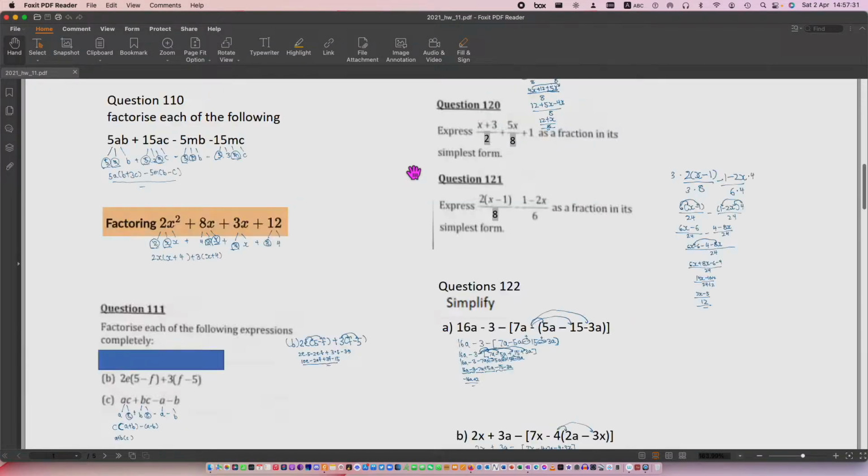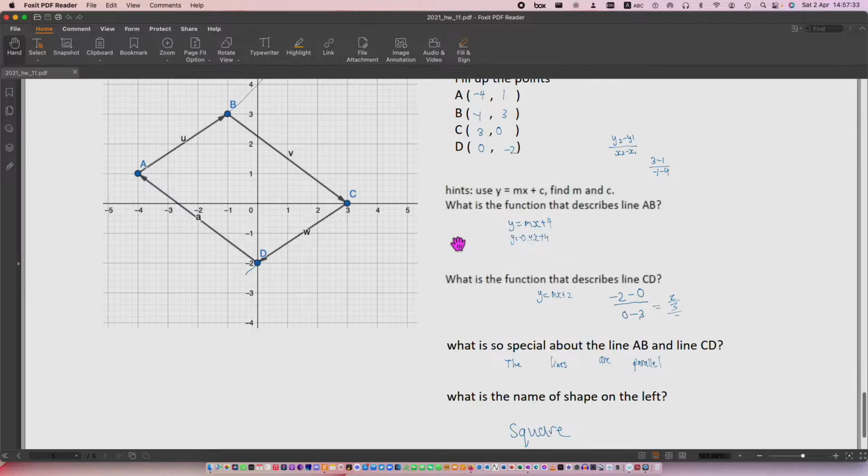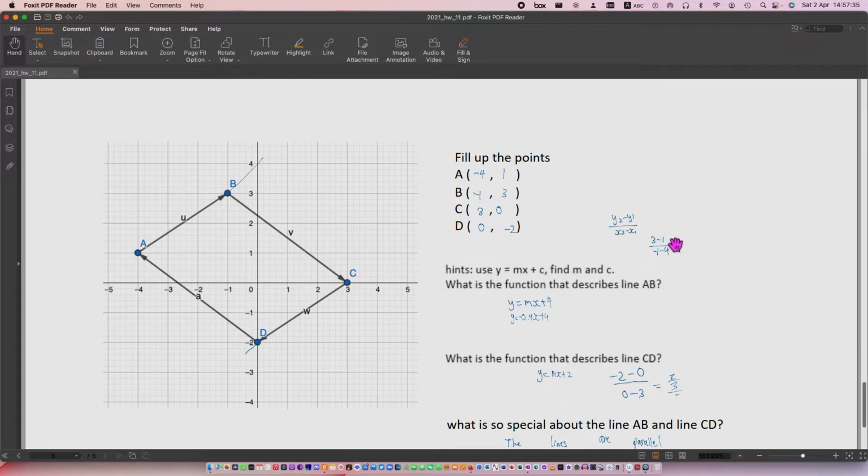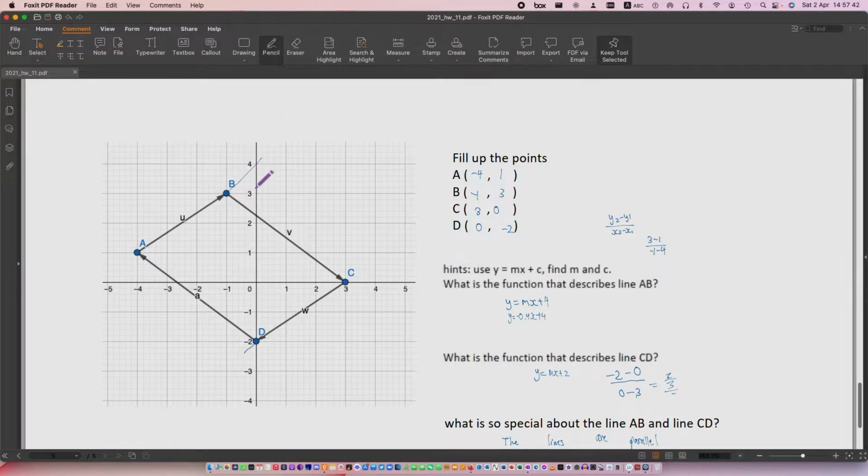Okay, so let's look at the graph question first, very quickly. What did I talk about when it comes to questions like this last time? Use ruler. What's so important about this question?